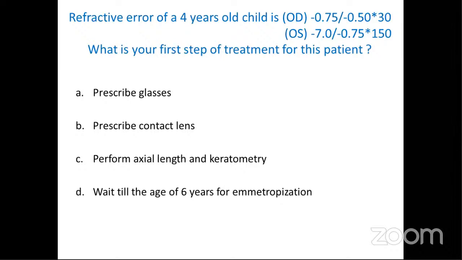Already the cornea is not distorted easily because of that reason. You have to give contact lens if the patient is refractive anisometropic. So you have to do axial length and keratometry to find out whether the patient is axial anisometropic or refractive anisometropic.